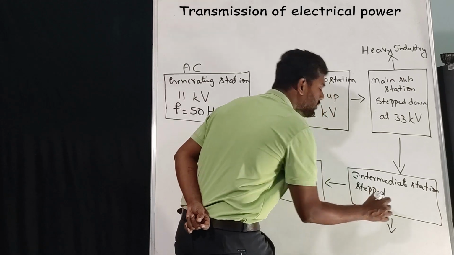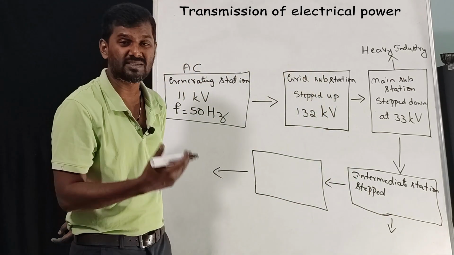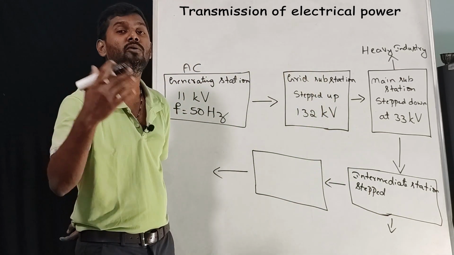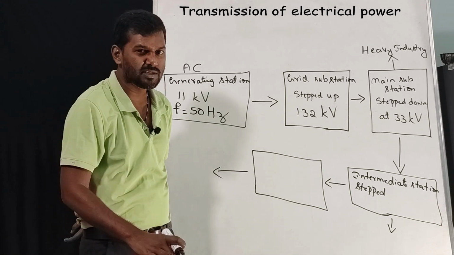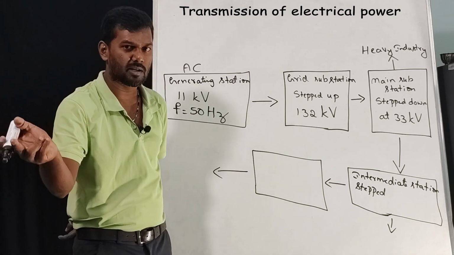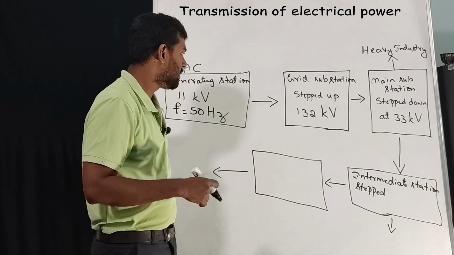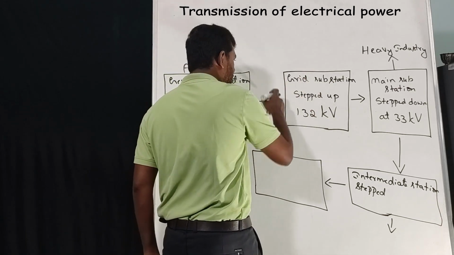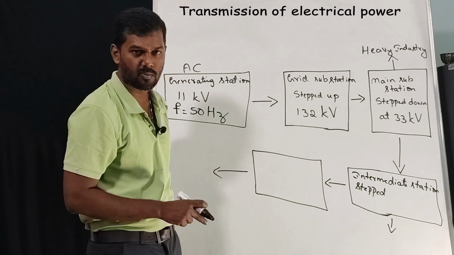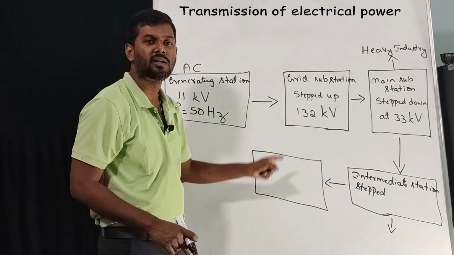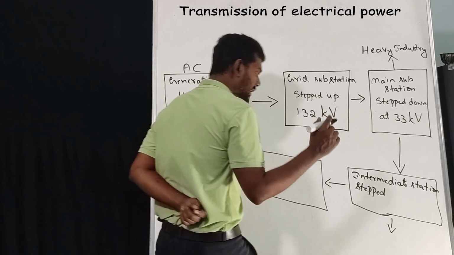For stepping down, what transformer are we using? Step down transformer. To decrease the voltage it is a step down transformer, to increase the voltage it is a step up transformer. Only in the grid substation we are using a step up transformer, everywhere else we are using step down transformers only. Keep that in mind.